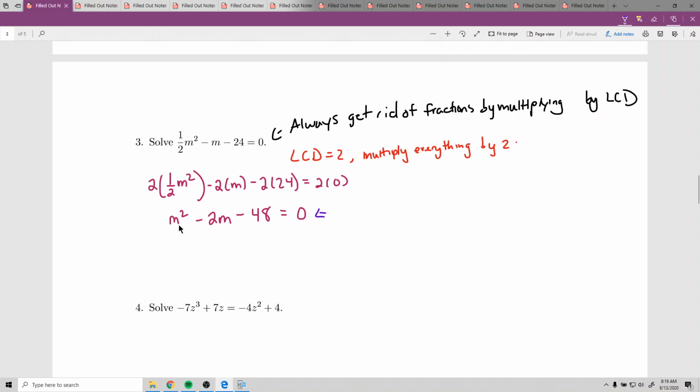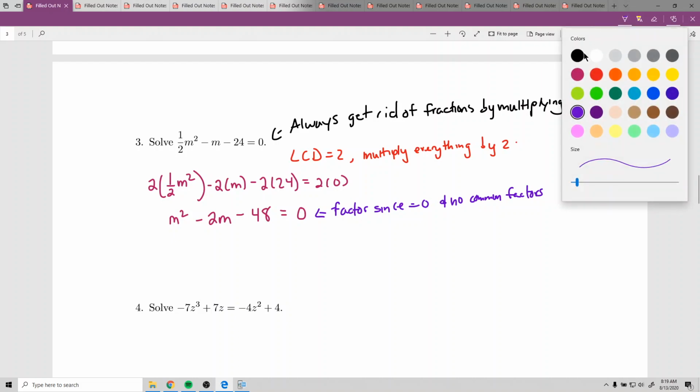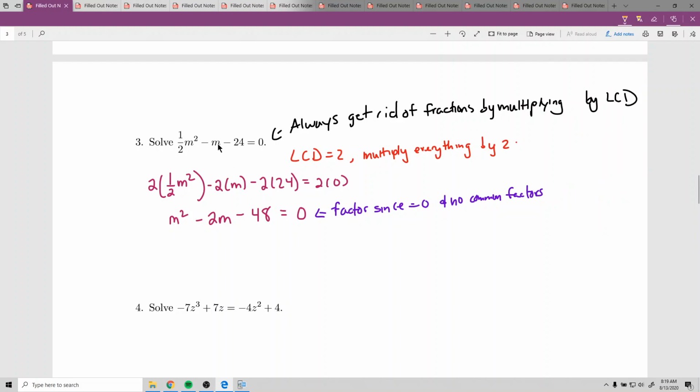There's no common factors here, so we can just go ahead and factor this. But if you don't get rid of the denominator first, it's much, much harder to factor whenever you have a fraction.